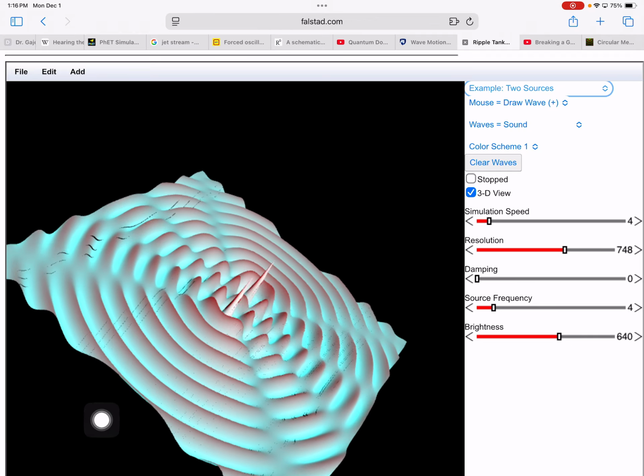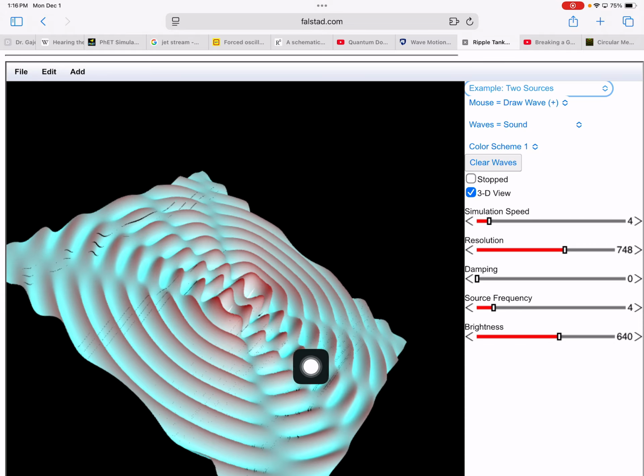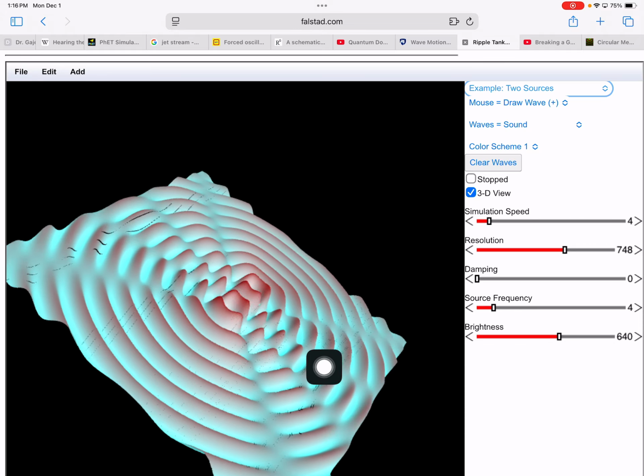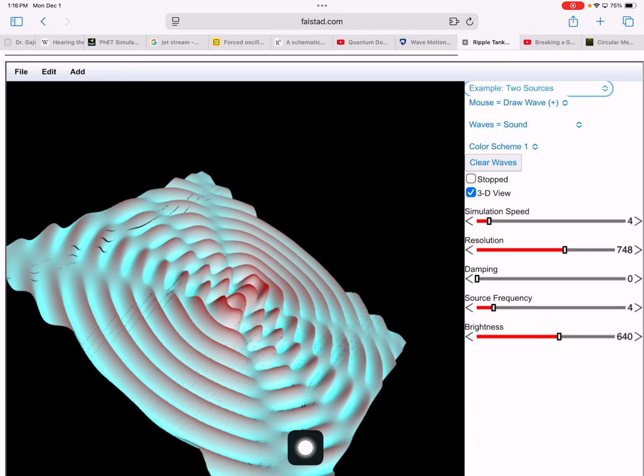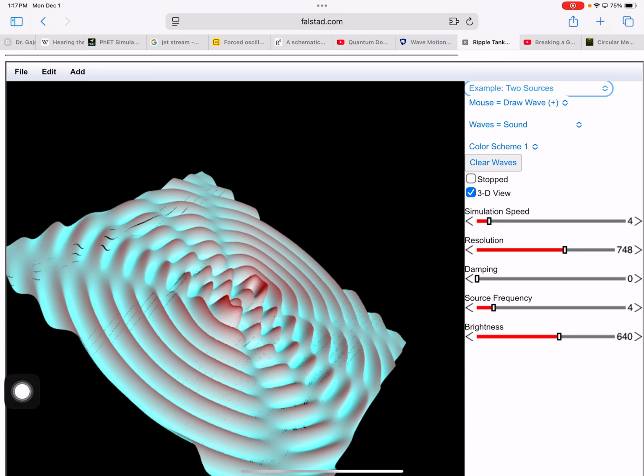This kind of stuff is relevant if you want to design a hall for acoustic engineers. Of course, you don't want to place seats where you have destructive interference.